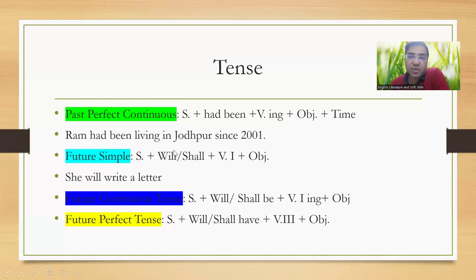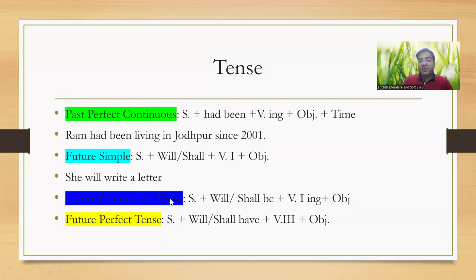But in modern English, you can use will with every subject, like I or we also. A sentence like: she will write a letter. She is the subject. We have used will with the subject she, and then the first form of the verb write. She will write a letter. It's talking about the future time.